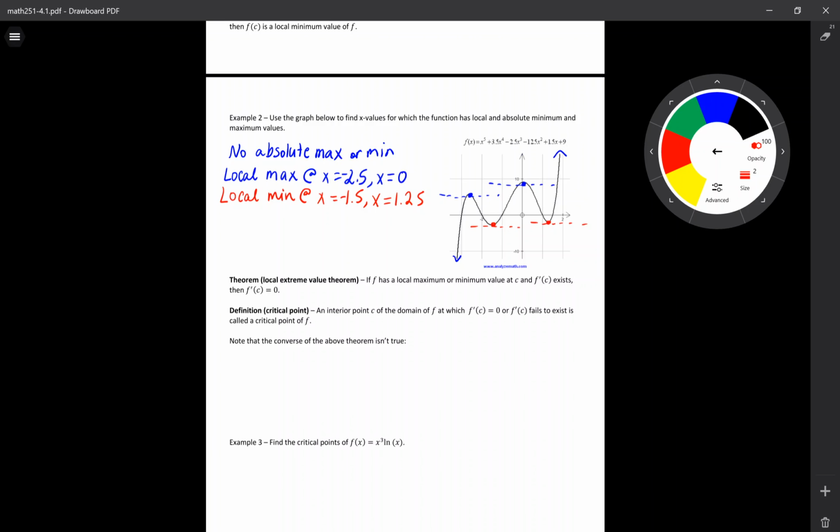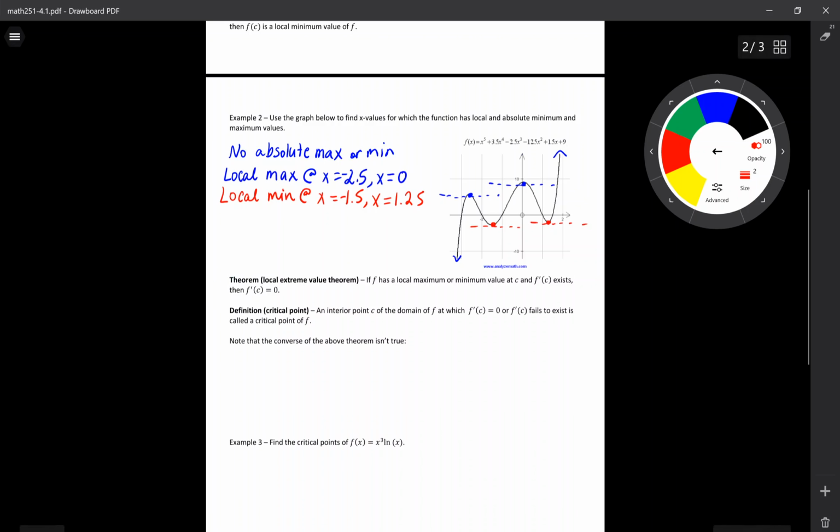We will be talking about critical points in the next several lessons, actually, but we will talk about it here shortly. I want to go back, however, to this local extreme value theorem for just a second. It says, if f has a local max or min value at c and f prime of c exists, then f prime of c is equal to 0. This is true. It's always true. However, the converse, or the opposite of the above theorem, is not true.